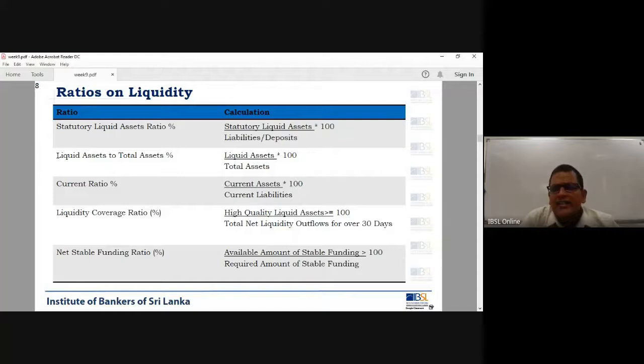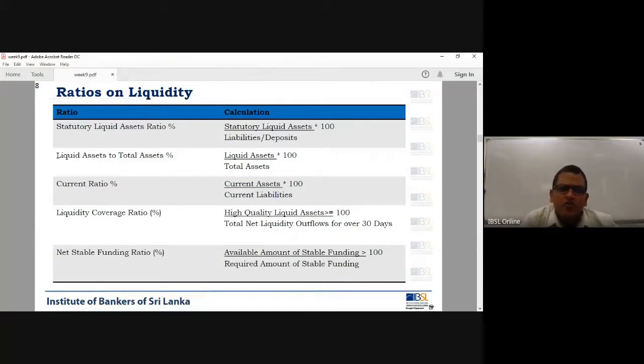Under this, liquid assets are divided by total assets and multiplied by 100. I think this is a very straightforward ratio. Whatever the liquid assets, you just divide by the total assets and multiply by 100.